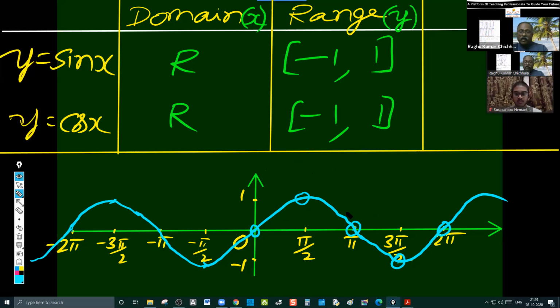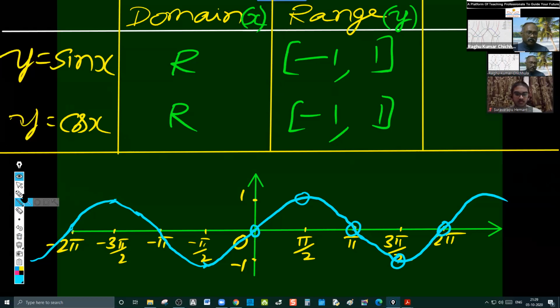Okay, it takes the form of a wave, and what you can observe is that it increases between -pi/2 to +pi/2 like this, and it decreases from pi/2 to 3pi/2. Again increases, again decreases, like that it goes. And whatever the shape taken by the graph, whatever the interval it repeats, it is said to be the period of the function.